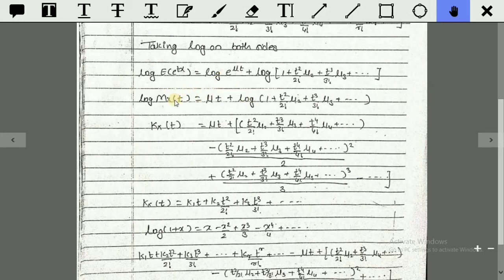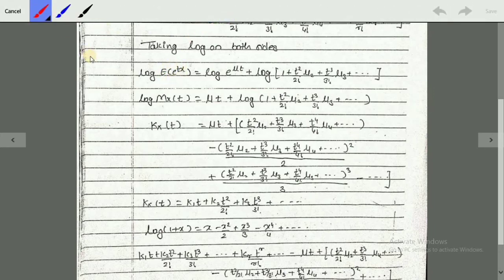In the first, log of expectation of e raised to tX, expectation of e raised to tX is M_X(t), and log of e raised to mu t, here log is with base e, so mu t will come, then log of this term. This we know can be expressed as K_X(t), and mu t is written the same, and then the log of this term.